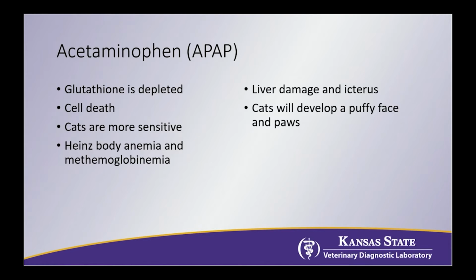Heinz body anemias and methemoglobinemia are common clinical signs associated with acetaminophen exposure. Liver's the target organ. Cats will develop, not all the time, but a puffy face. They'll develop edema in the face or in the paws, which is fairly pathognomonic for acetaminophen exposure in cats.